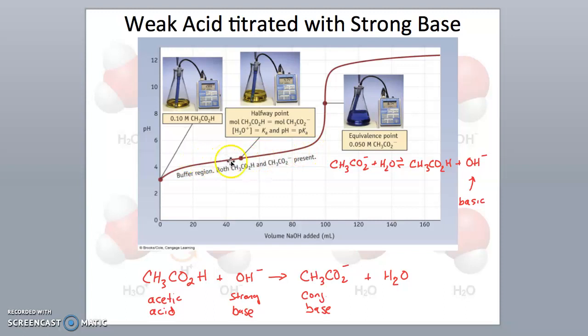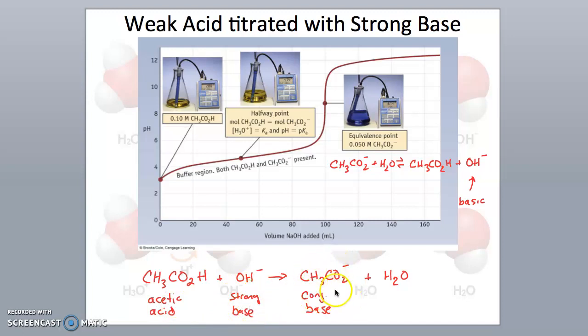Another thing that's worth pointing out is the equivalence point has a pH that's greater than 8. And remember, with the strong, at the equivalence point, we had a pH of 7. So why is that? Well, at the equivalence point, equal amounts of acetic acid and hydroxide ion completely consume one another.